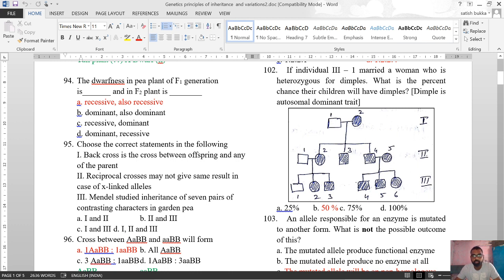Now the question is about the person married, that is 3-1. 3-1 refers to this particular person married to a woman who is heterozygous for dimples, which means definitely she will express the character. So what is the possibility of their children to be affected or have the dimples?